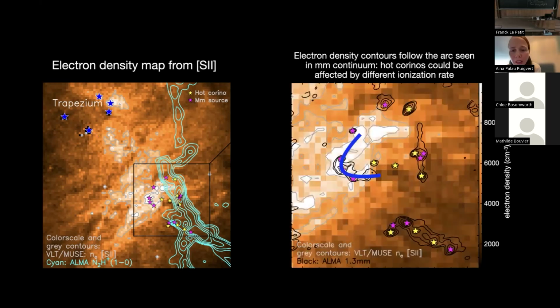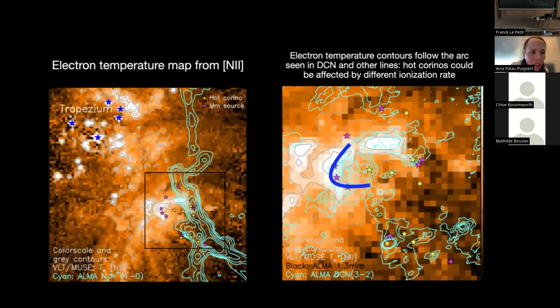If we zoom in here, we can see that this electron density follows an arc shape, very well matching the millimeter continuum emission, but also this is now electron temperature from N2. And we can see that also the electron temperature matches very well the arc emission that we had seen previously in other lines. And here I'm just showing the DCN emission, and they match very well. So it seems that there's at least a morphological match.